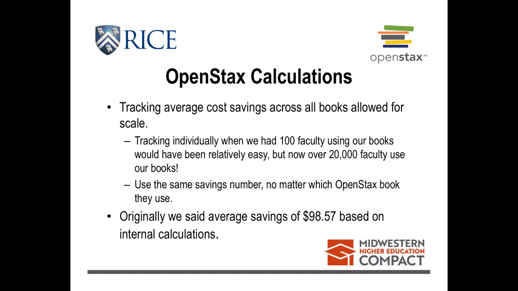One of the key decisions we made early on is that we did not want to just use the new book price, which I know some people do. Most students, of course, do not pay that list price, or hopefully they don't anyway. So we wanted an aggregate that came out at this level.